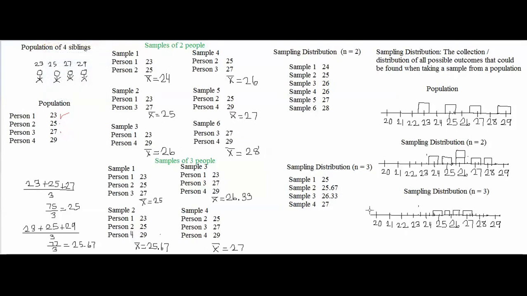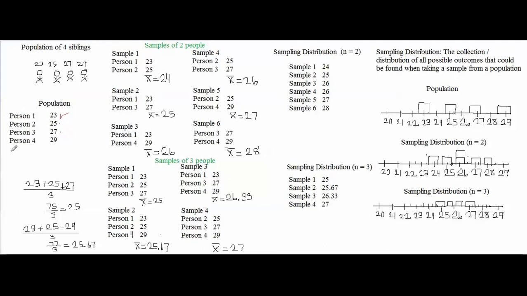I'm going to discuss these histograms a little bit more, but first I'm going to make one other point. I'm going to talk about the mean of the population and the mean of the sampling distribution. When we calculate the mean of the population and we calculate the mean of the sampling distribution, we'll see that they both come out to the same number.